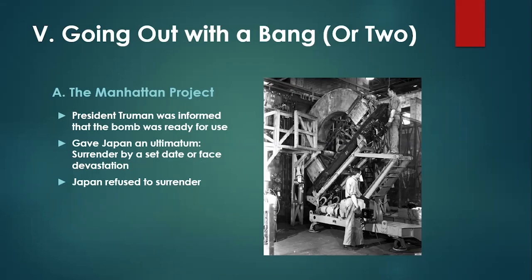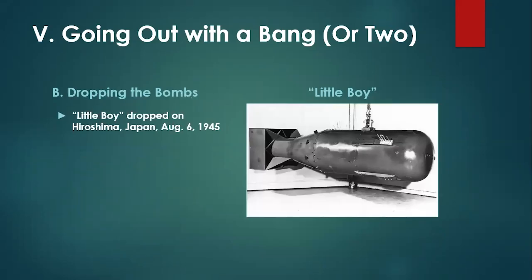Otherwise, I don't see that they would not surrender here. But Japan refused to surrender. They upheld their honor. And in response, the U.S. dropped this hunk of metal here, known as Little Boy, in the town of Hiroshima, Japan, on August 6, 1945.